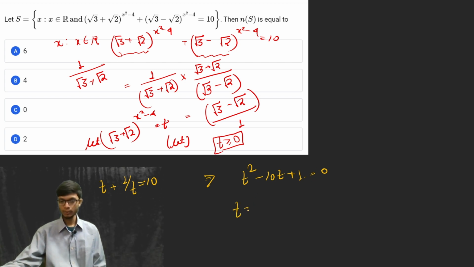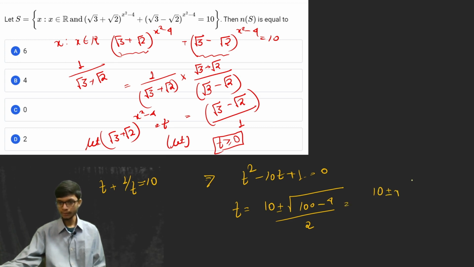Now if you solve it using the quadratic formula, I will get 10 plus minus root under 100 minus 4, whole divided by 2. So this result will be 10 plus minus root under 96 by 2. Now I am saying that the t value should be positive.